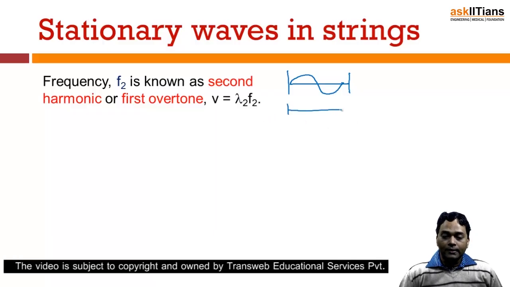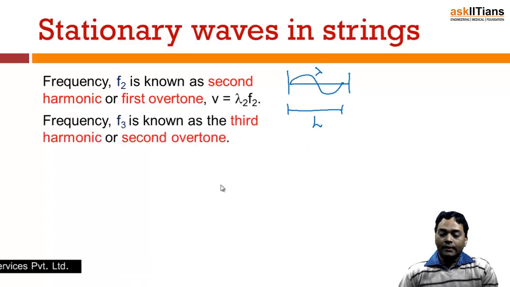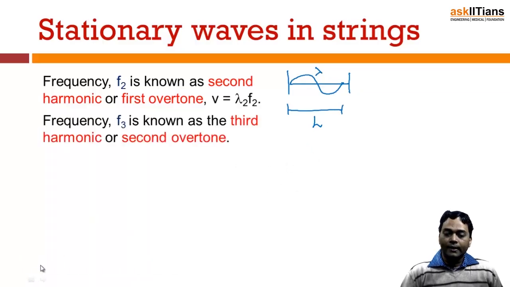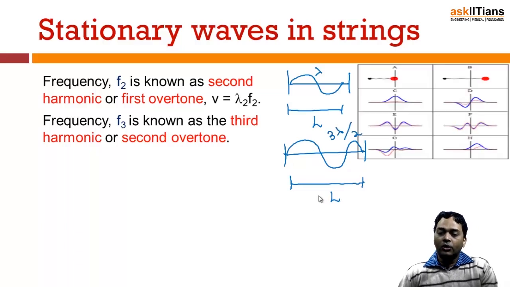If this is the length, then it is also equal to lambda. In a similar way, for the case when you have three loops, the length is equal to thrice lambda by 2.